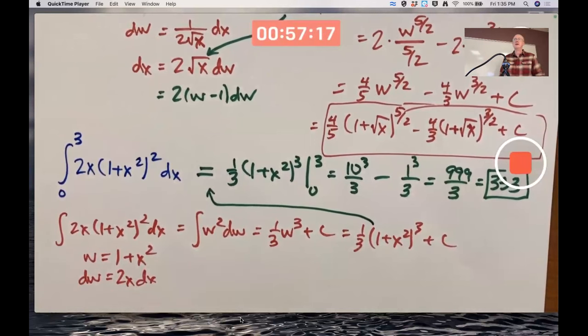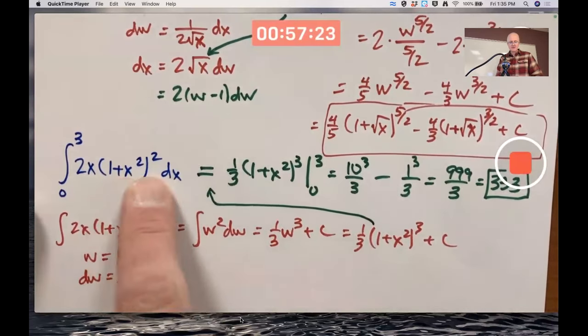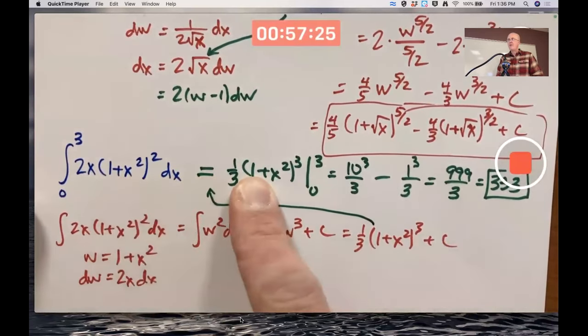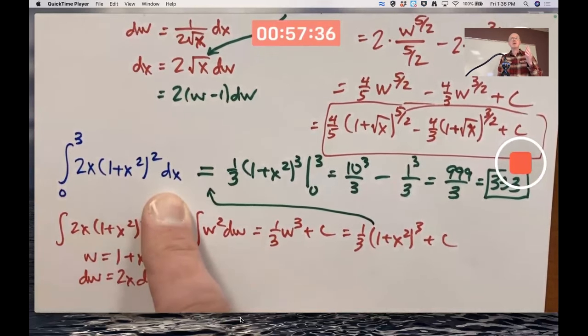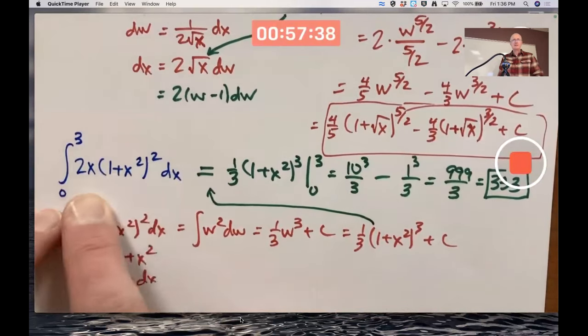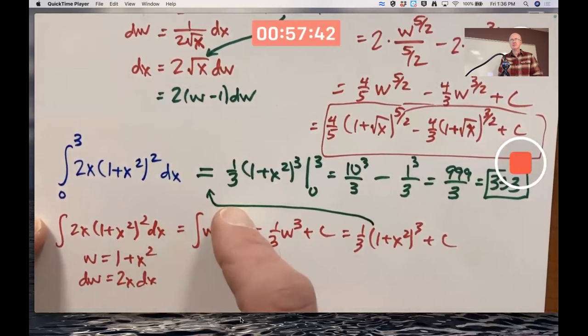There is another method here that I'm going to hint at, and I'll show you on Monday. The other method is to do the substitution right away with the definite integral. However, this is really important to me. People commonly make the mistake when doing that of keeping the limits of integration the same when they use the new variable.